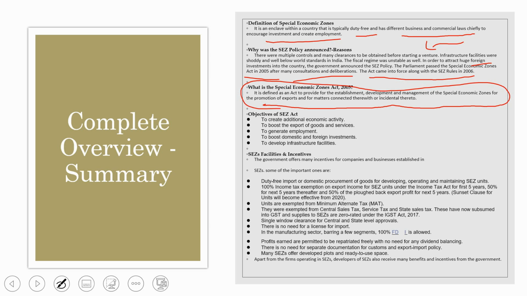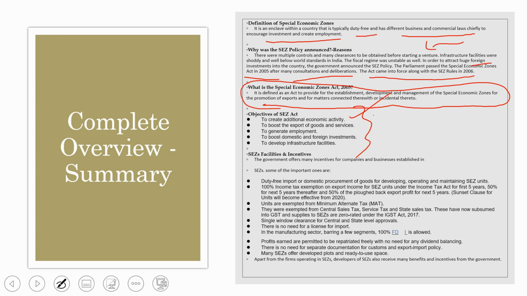So the objectives of the SEZ Act: to create additional economic activity, to generate employment, to boost the export of goods and services, to bring foreign investment into India, and to develop infrastructural facilities. Okay, so these were the main objectives of the SEZ Act.